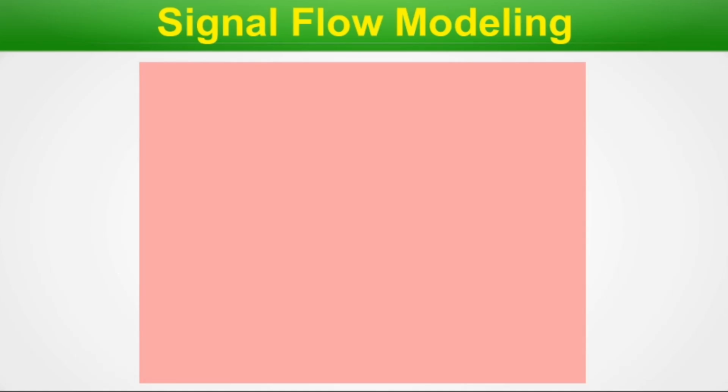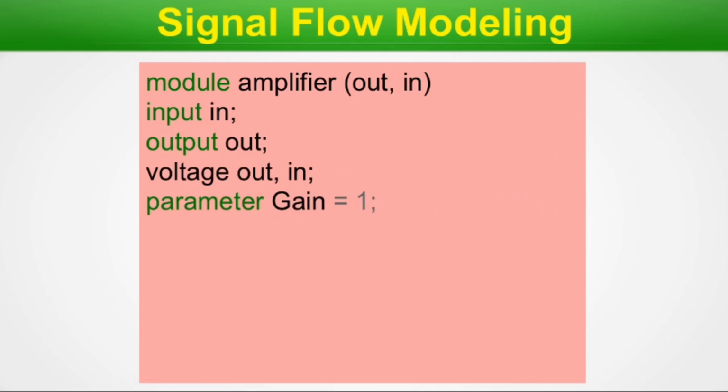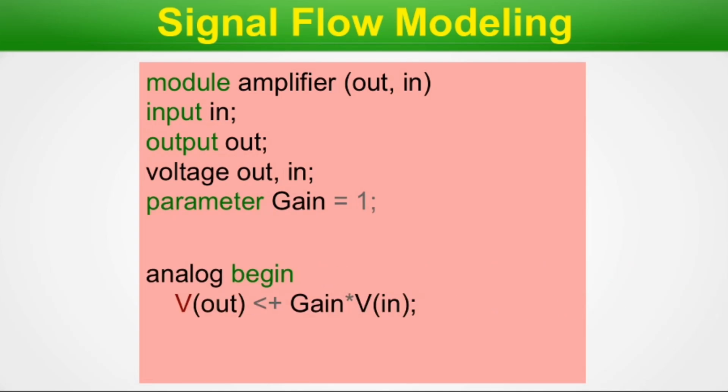So let's see how. Here we are showing the example of an amplifier that has two ports, out and in. Input is in, output is out. We define these two as voltages, and we use a parameter called gain. Now our analog block starts, and V out is the contribution of gain multiplied by V in.